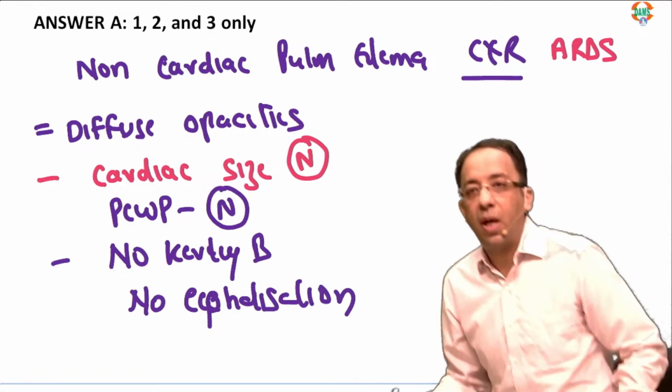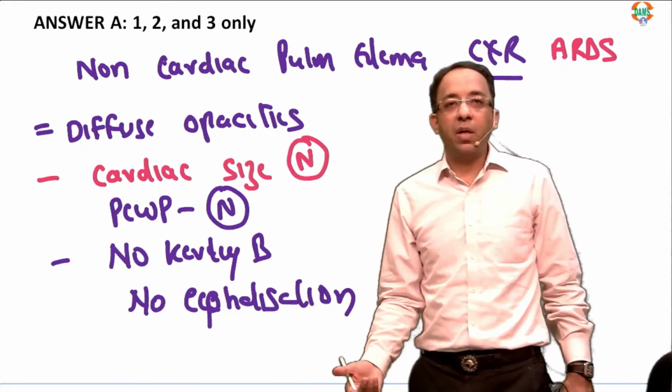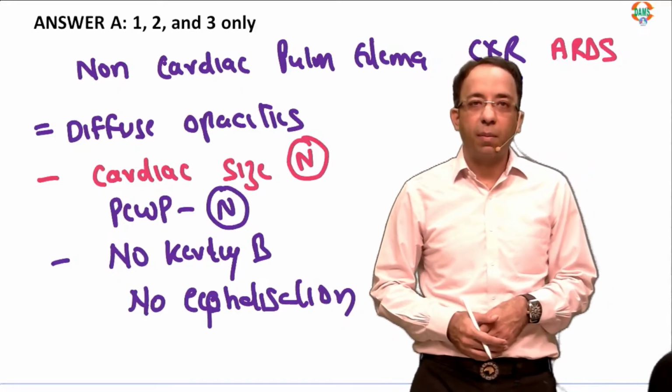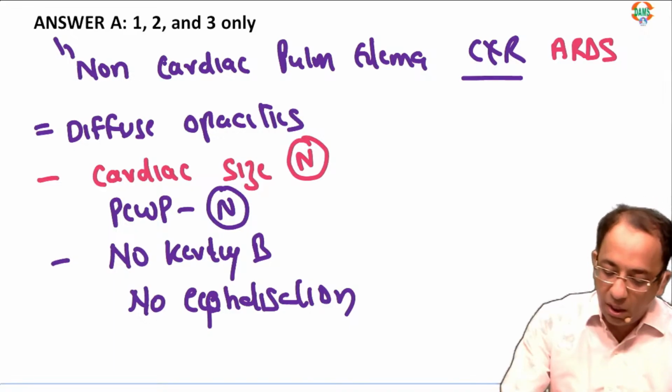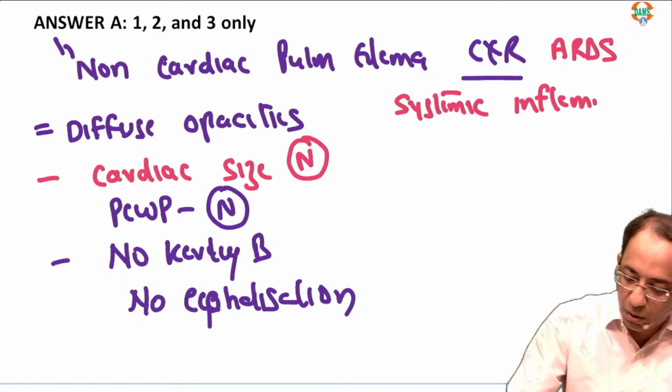So curly B lines and the cephalization, bat wing appearance are seen more in the heart failure, not in the non-cardiac edema. And whenever they want to make a question on non-cardiac edema, they will use a systemic inflammatory process as the clue in the question.